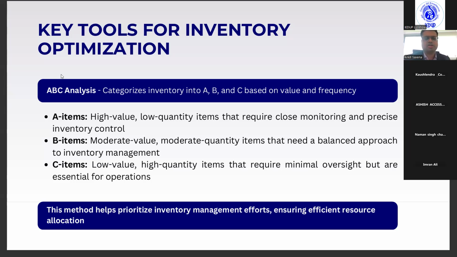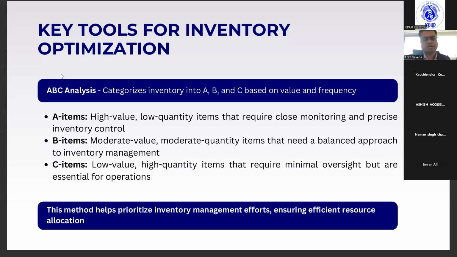Basically, under this particular concept, we try to create different slabs for different items, and based on our priority and the requirements for those priority items, we allocate a certain kind of category to the goods.